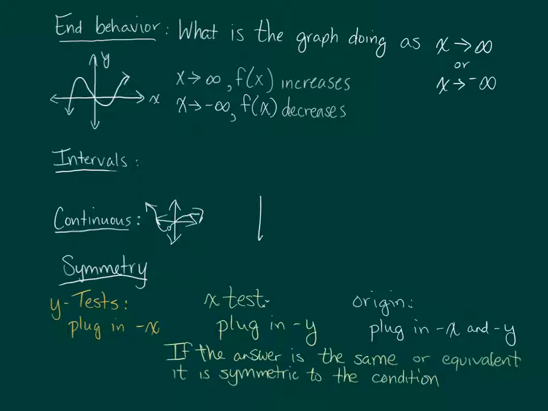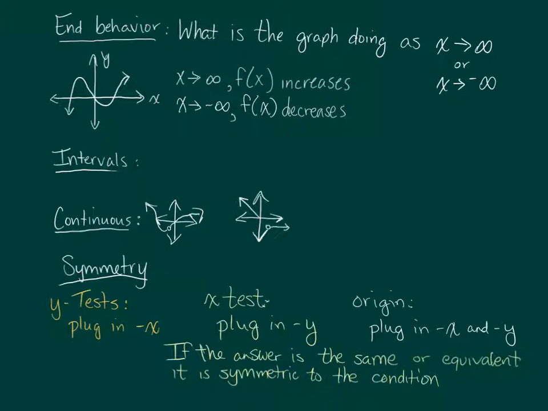It might look something like this if it's discontinuous. You might have a line going this way, and then you might have an open circle, and you might have a horizontal line going across. That's a discontinuous graph. A continuous graph is a graph that keeps going, and there are no breaks in it, there are no open circles, no nothing. X is constant, the same the whole way through.